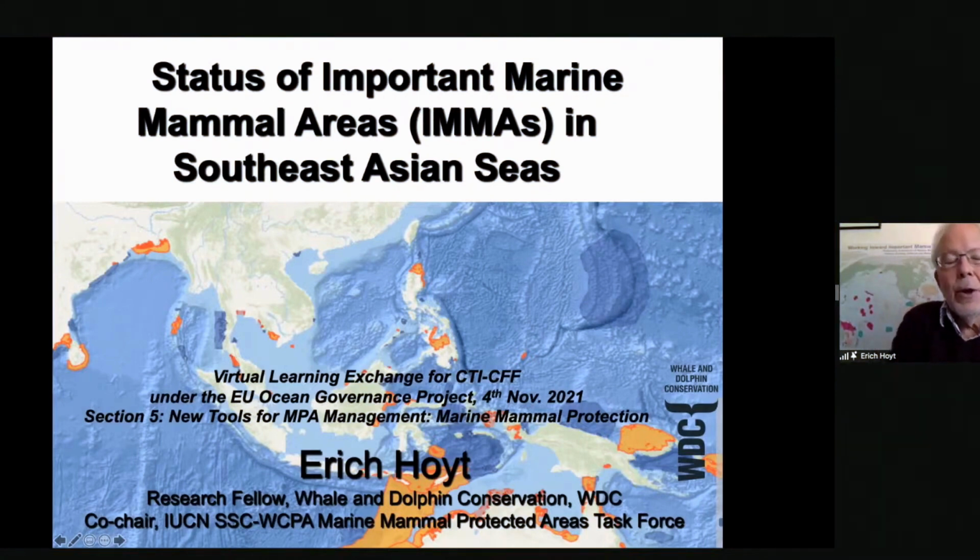So hello everyone. I'm really happy to be able to introduce our tool of important marine mammal areas and talk about the status of IMAs in Southeast Asian seas and how IMAs, I'm using that important marine mammal area acronym liberally, might be used to help build marine mammal spatial networks, drawing on the examples of the Atlantic and previous twinning project.